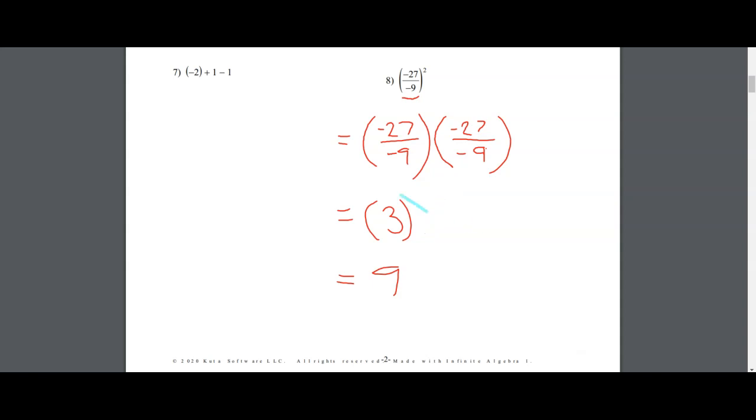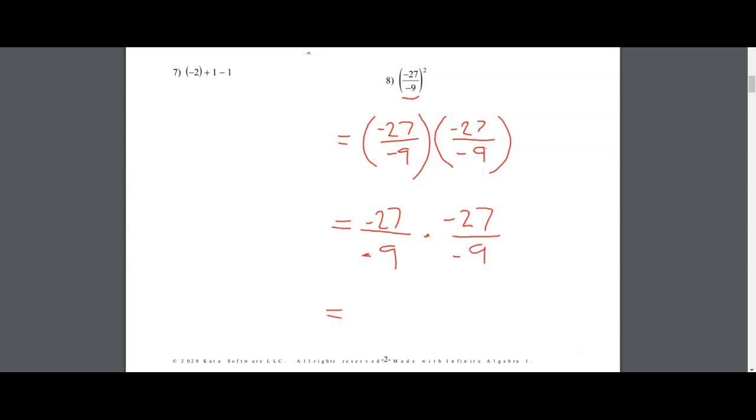So instead of simplifying inside parentheses first, I could multiply. I could multiply my negative 27 by my negative 27 because remember when you're multiplying fractions, we multiply straight across. Numerator times numerator, denominator times denominator.